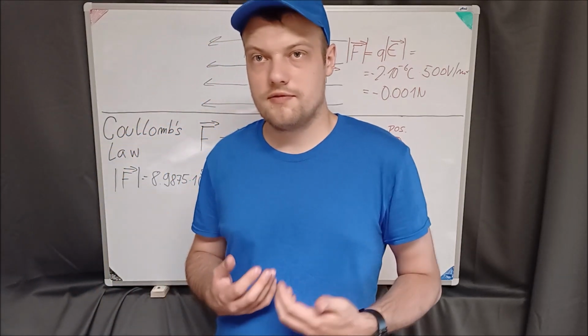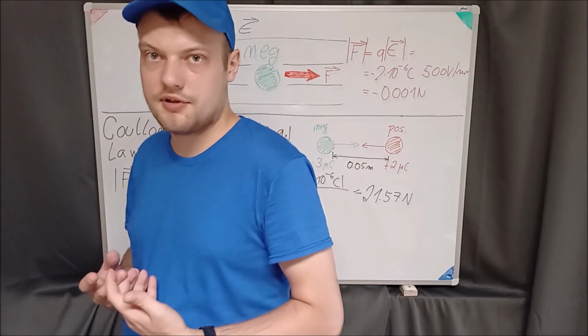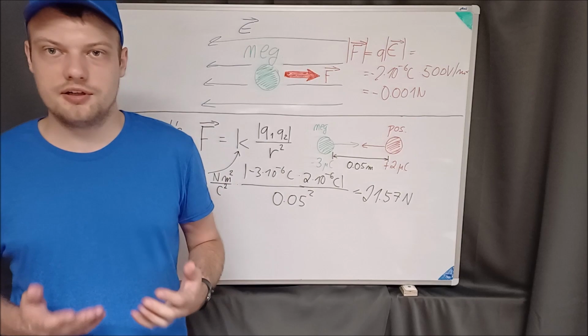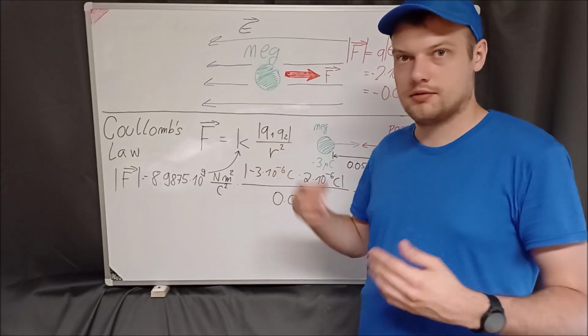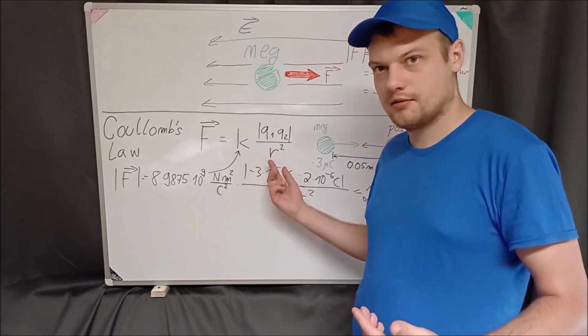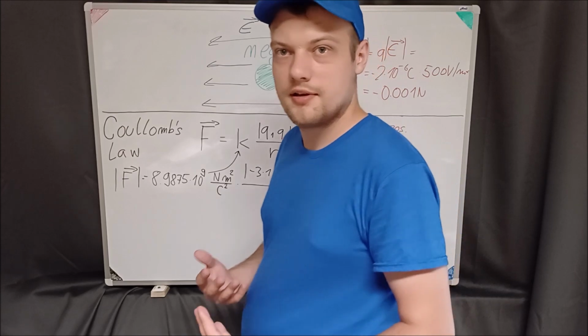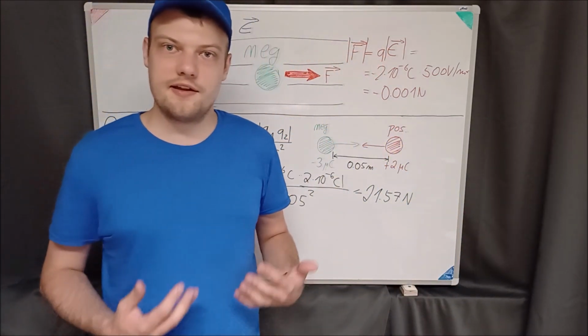The direction of the force depends on the signs of the charges and how they are positioned relative to each other. So, bigger charge, stronger force. Smaller distance, also stronger force. Basically, classic reality show logic.